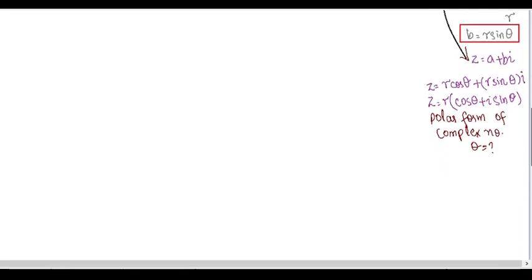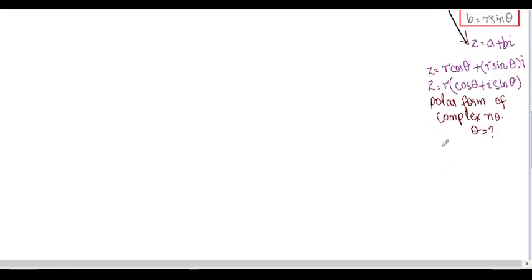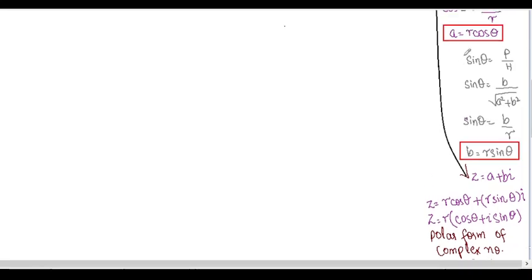So here we are going to write it as B by A equals R sin theta by R cos theta. Now A and R cos theta are written in the denominator, and the other equation is written in the numerator.